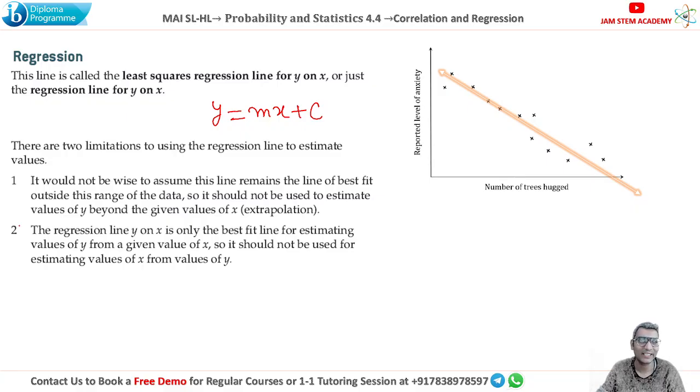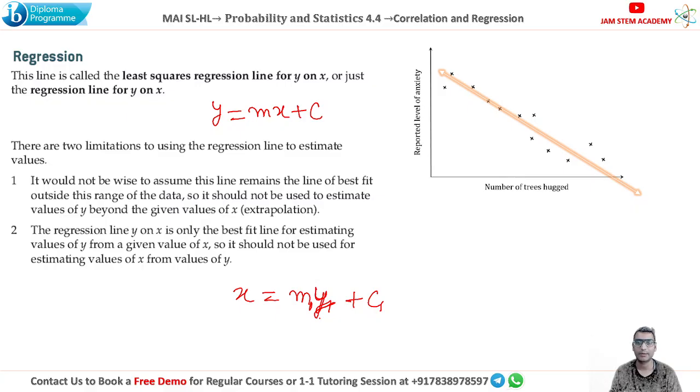That's the second limitation. If you want to find x values corresponding to y values, you need to create a new equation of linear regression, x equals m1y plus c1, by changing the data points.